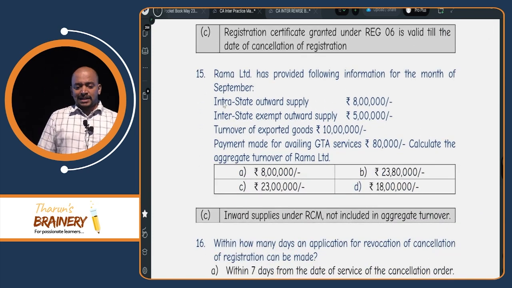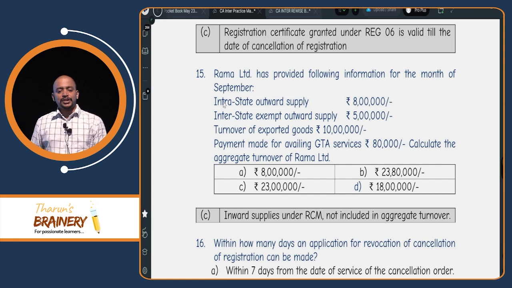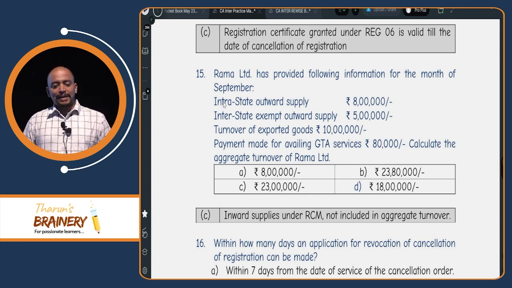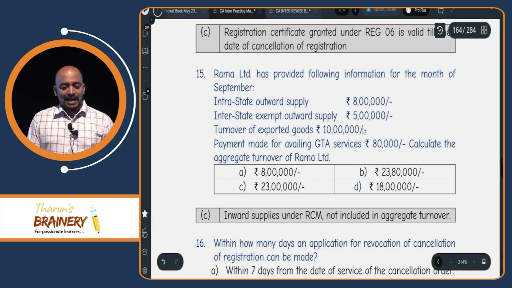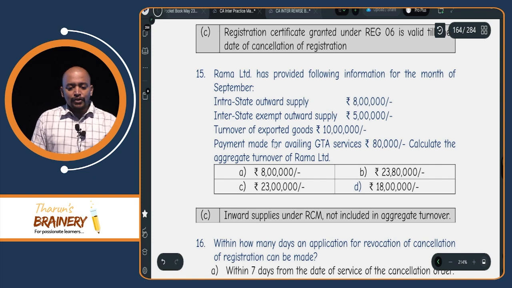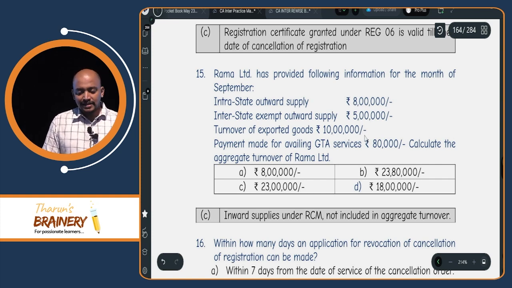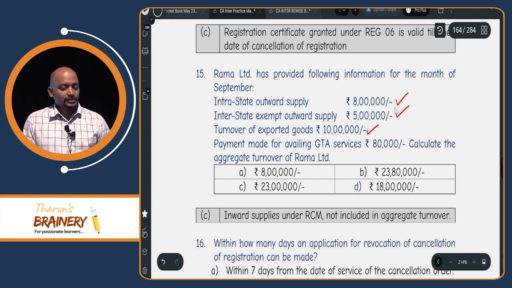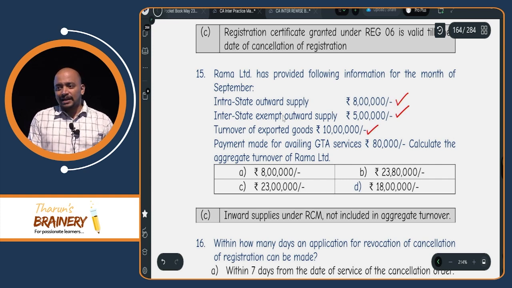Rama Limited has provided the following information for the month of September. Intrastate outward supply 8 lakhs, interstate exempted outward supply 5 lakhs, and turnover of exported goods 10 lakhs. Should all these 3 be taken in aggregate turnover? Yes, exempted, taxable, exports, everything.